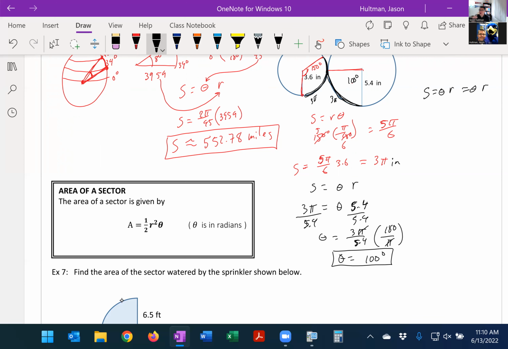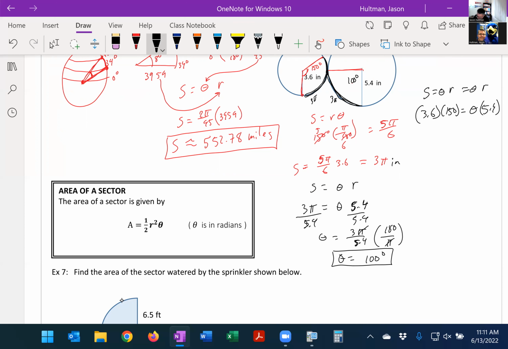It's kind of like we're doing stuff in reverse. In this specific case, we can just say, well, there's a ratio here of 3.6 to 150 is 100 to 5.4. Now, does that make sense? That 3.6 times 150 is equal to theta times 5.4.